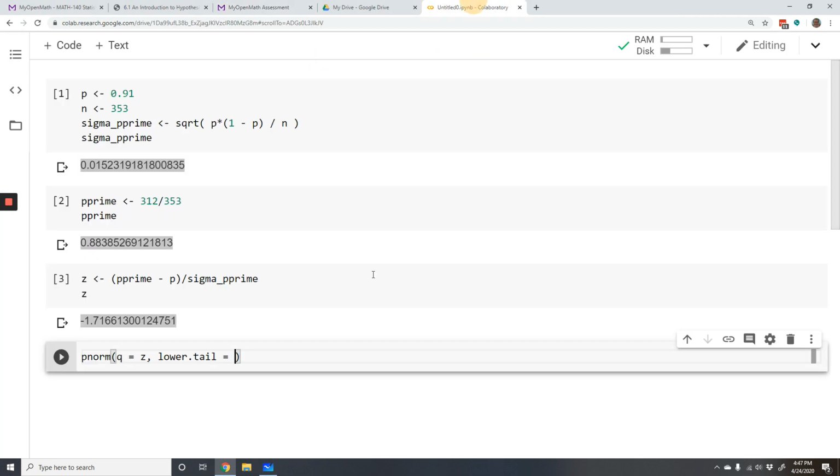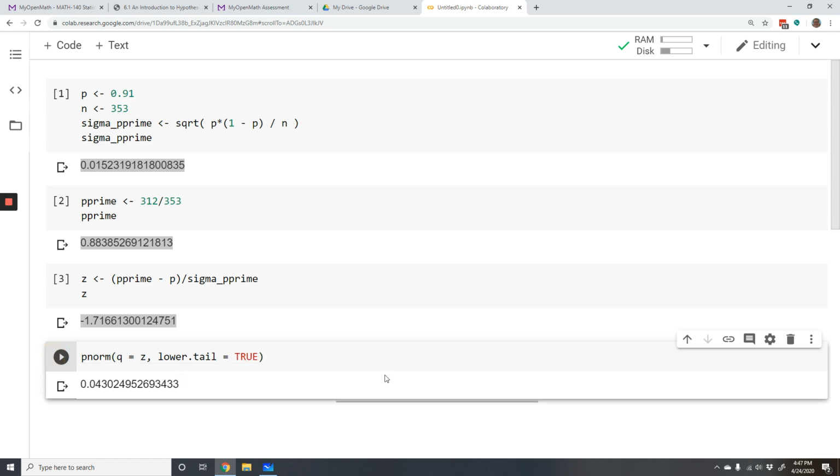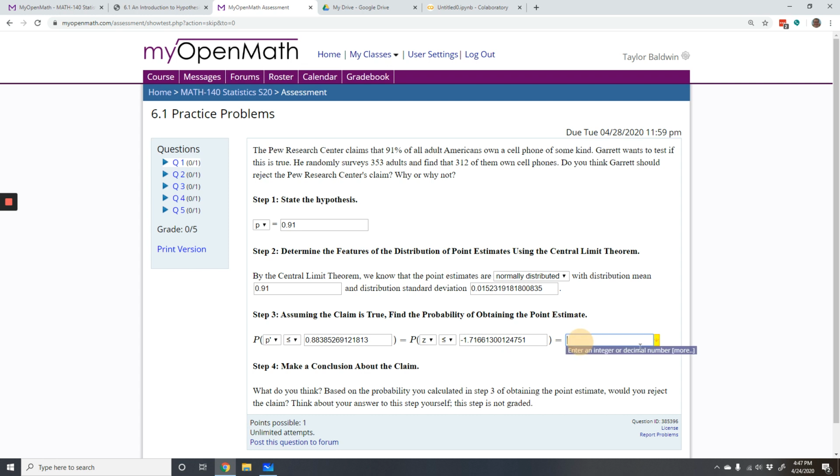And so I'm going to set lower tail equal to true. Right? There's our probability. Okay, that's about 4.3%.